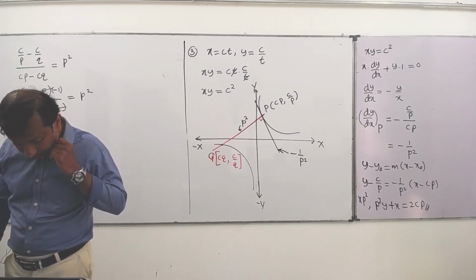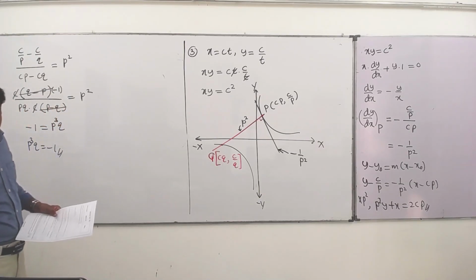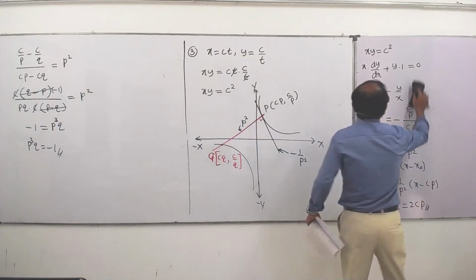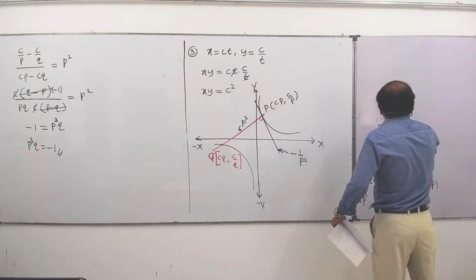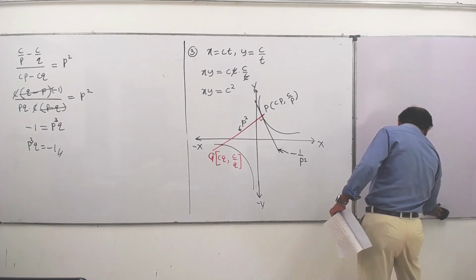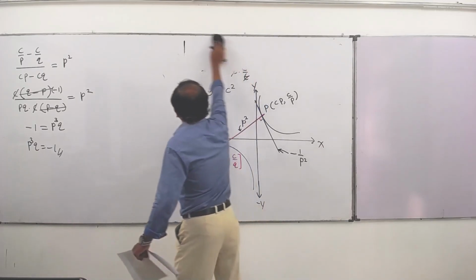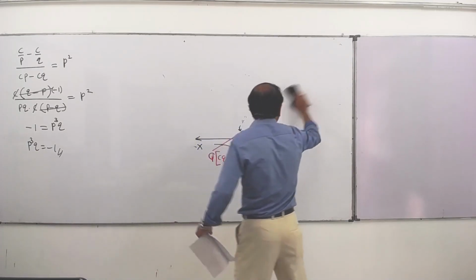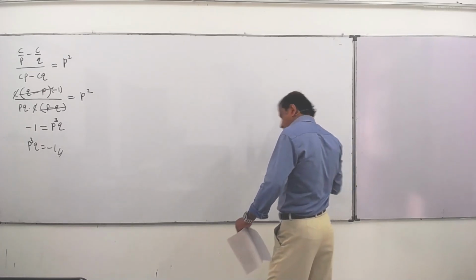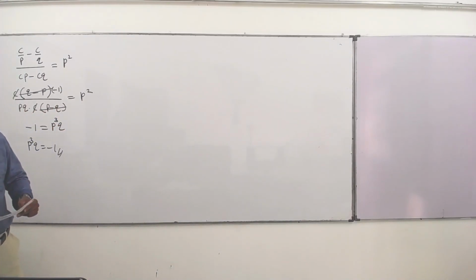Now next one, number 4. Our next one is: A is 0, minus 1, B is 9, 8.